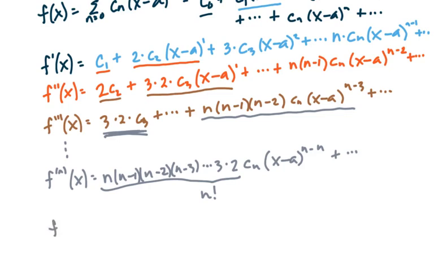So we could say that the nth derivative of f of x is n factorial times c sub n times (x minus a) to the n minus n. N minus n is 0, so that makes this the number 1, and it's gone. So we have a constant here, plus all these other terms.